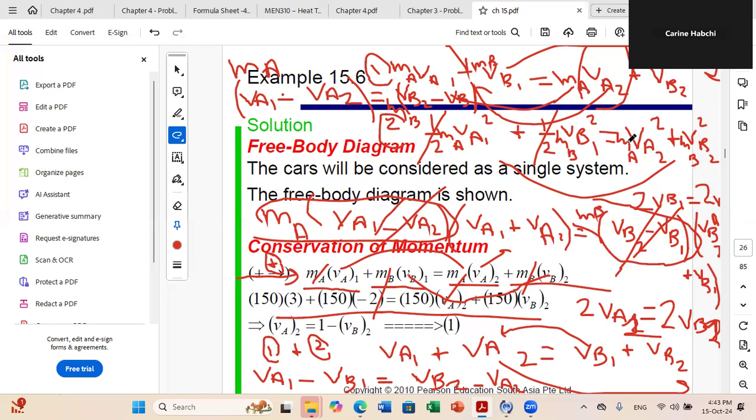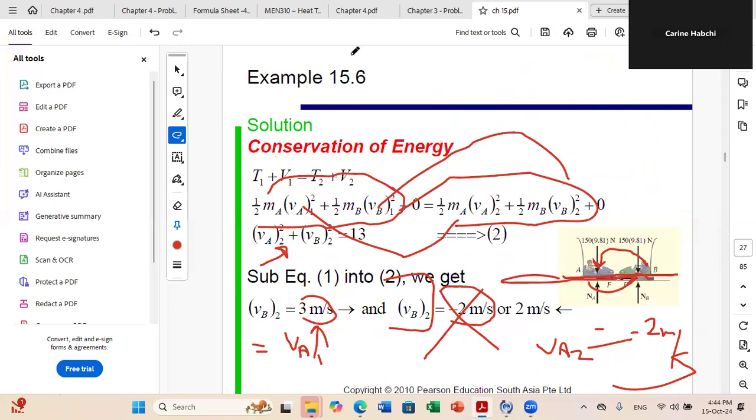This will allow you to transform your system from a system with a second degree equation to a linear system. And what will be your linear system to solve for now? You still can write VA1 plus VA2 equals VB1 plus VB2. And your system of equations now will be the following.